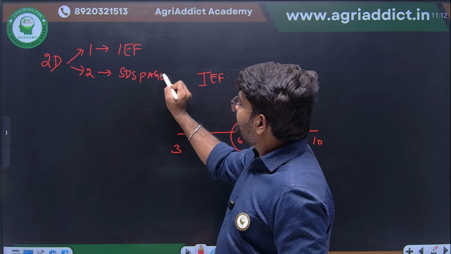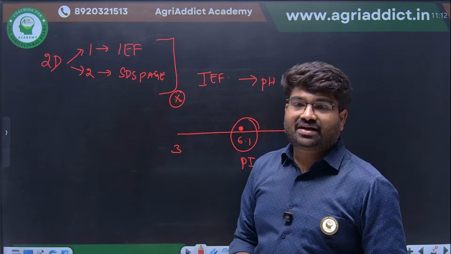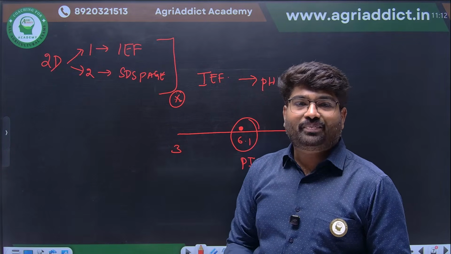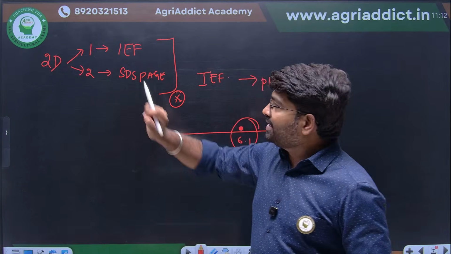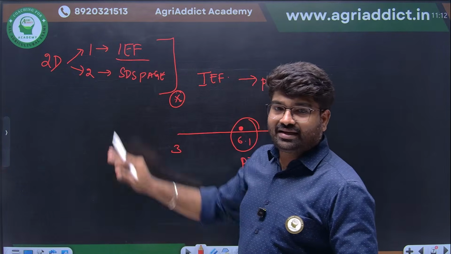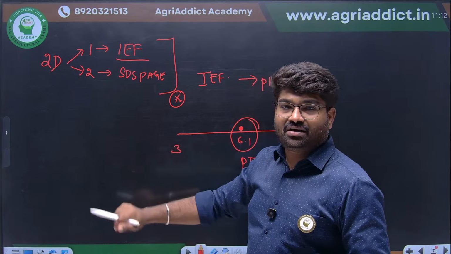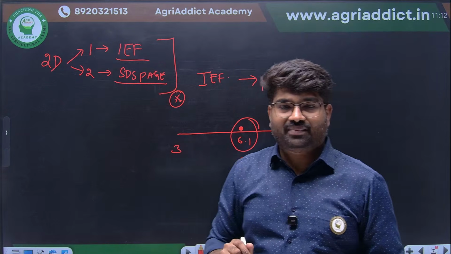This is the repeated question they are asking in statement, assertion and reason questions. In two-dimensional polyacrylamide gel electrophoresis, the first dimension is isoelectric focusing and the second dimension is SDS PAGE, based on molecular weight, where the proteins will be resolved.